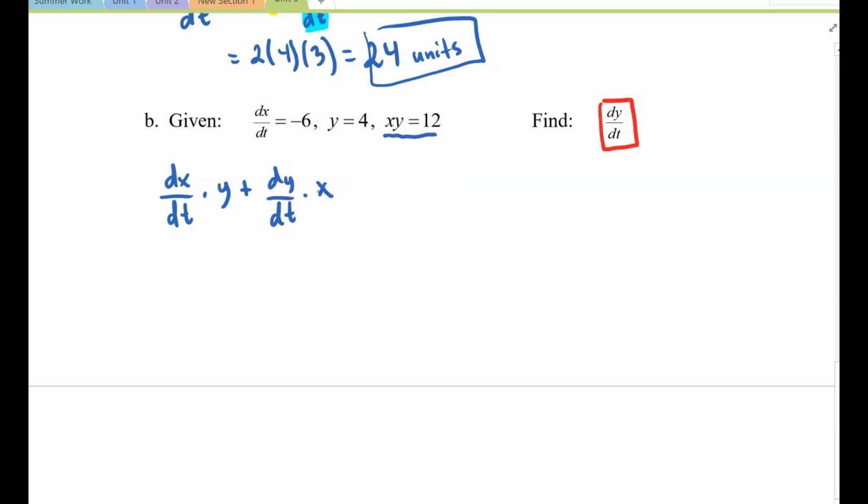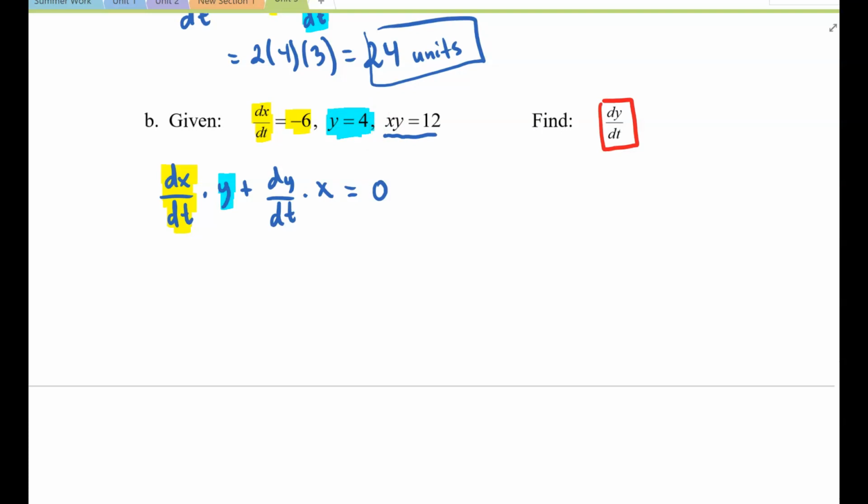And this is equal to the derivative of 12, which is 0. Now I can substitute some values in. I know that dx/dt is -6, so I can plug that in. I do know that y is equal to 4, so I can plug that in.